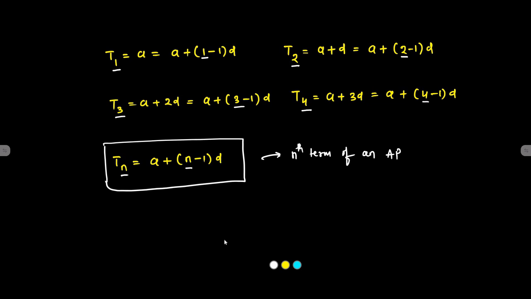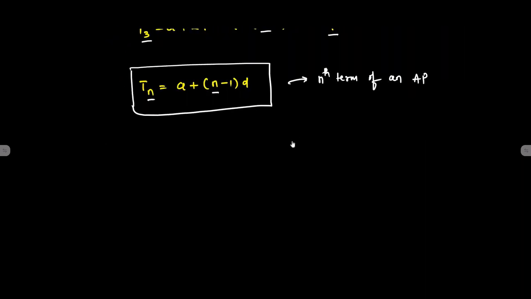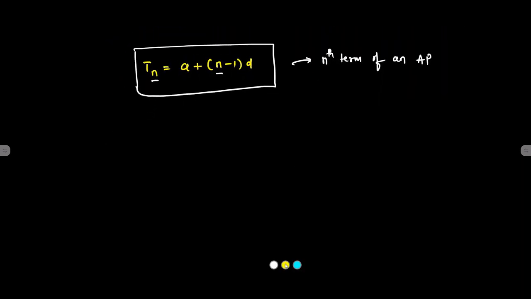Now let's try to find the application of this, using one of the previous examples. Let's say this one: 2, 4, 6, 8, 10, 12, like this. Here the first term A is equal to 2, and the common constant difference is also equal to 2.